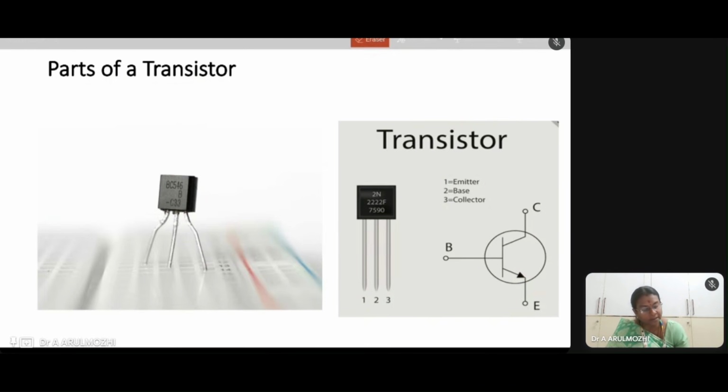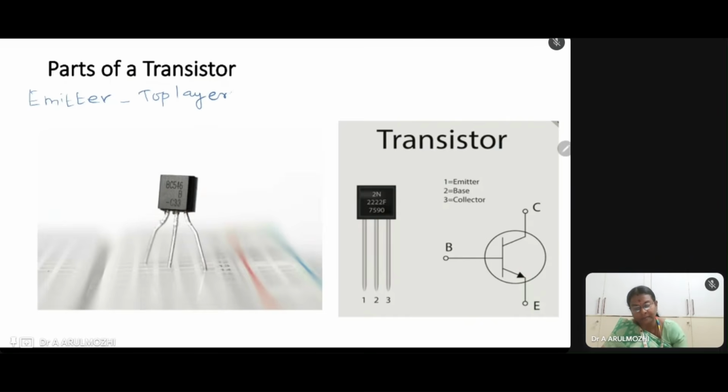Then we will see the main functions of the three layers, the three parts of the transistor. Here the first one is the emitter, and it is the top layer, and it acts as the source of electrons.